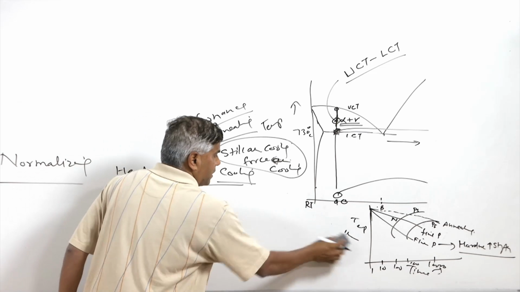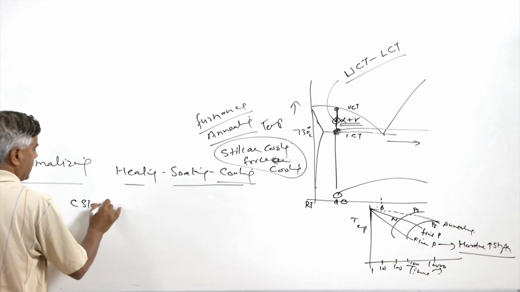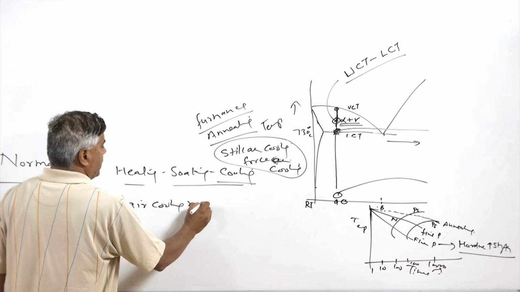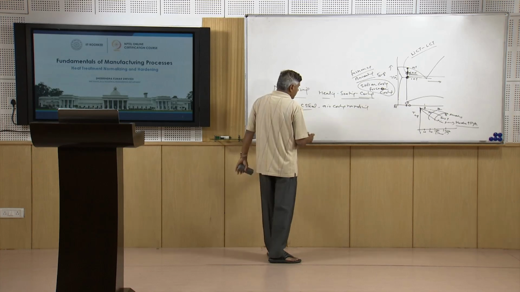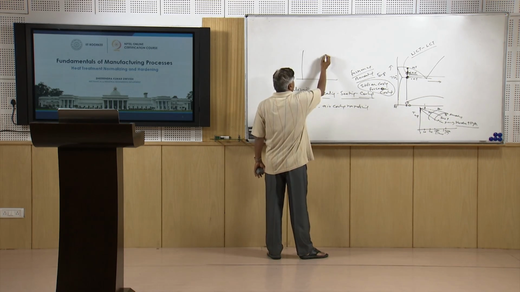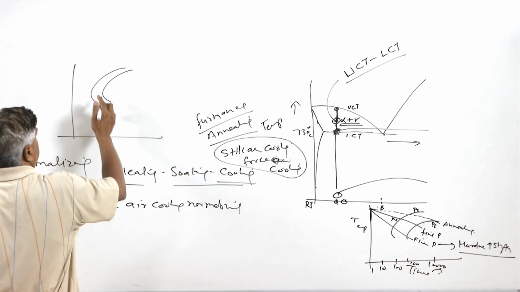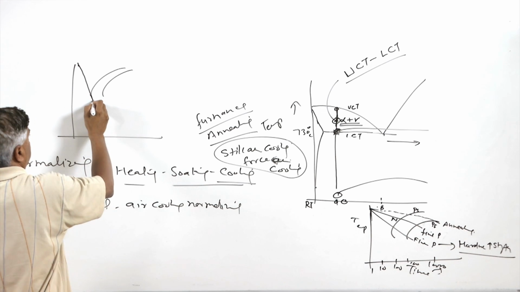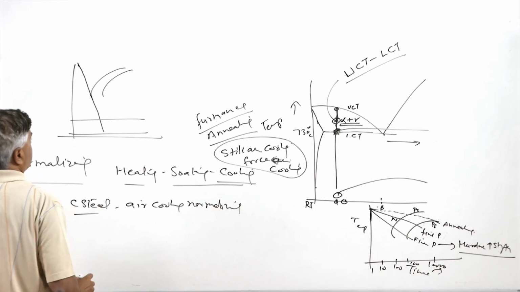Only issue is that in case of the carbon steels, air cooling may lead to the normalizing, but some of the steels offer high hardenability, which we can understand from this diagram. For the carbon steel, the CCT diagram is like this, so the critical cooling rate requirement is of this kind for the martensitic transformation.